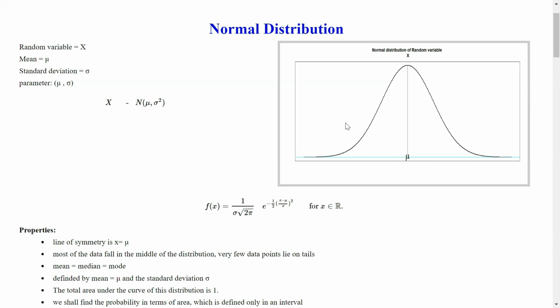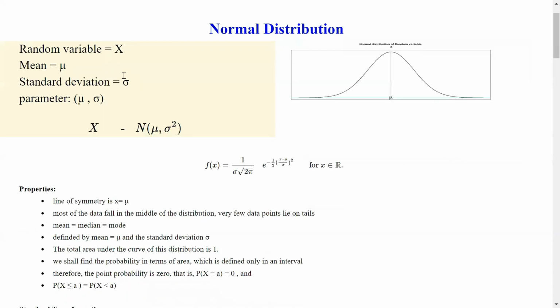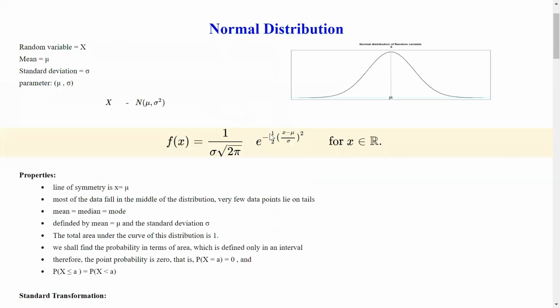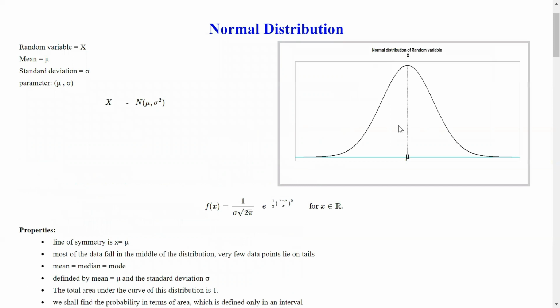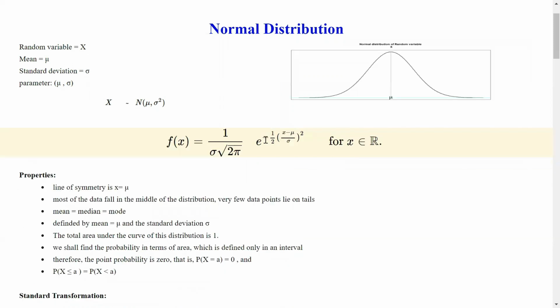This distribution is completely defined by mean mu and standard deviation sigma. That is, if we know the mean and standard deviation, this curve can be generated using this function.